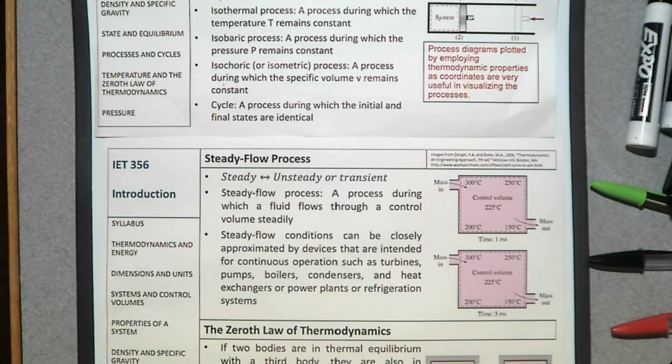So what is the main property in this example? The temperature of our system, the temperature of the coffee. So what happened to the temperature? After 1 hour, initially it was 90 degrees Celsius, and it became 60 degrees Celsius after the cooling process. So the property has changed in time. So it is an unsteady process. Okay?